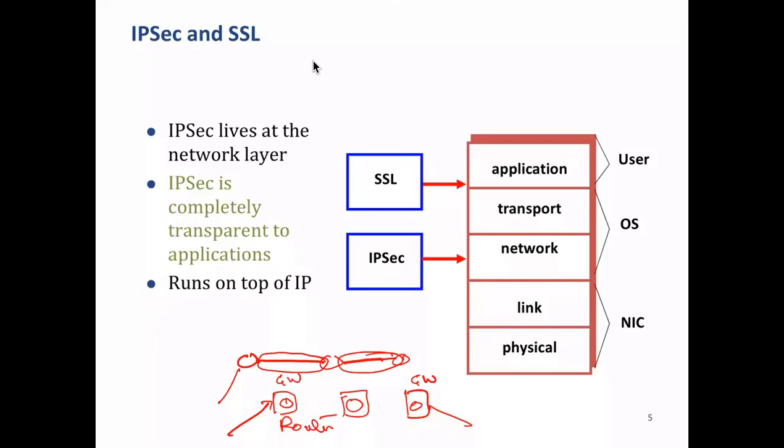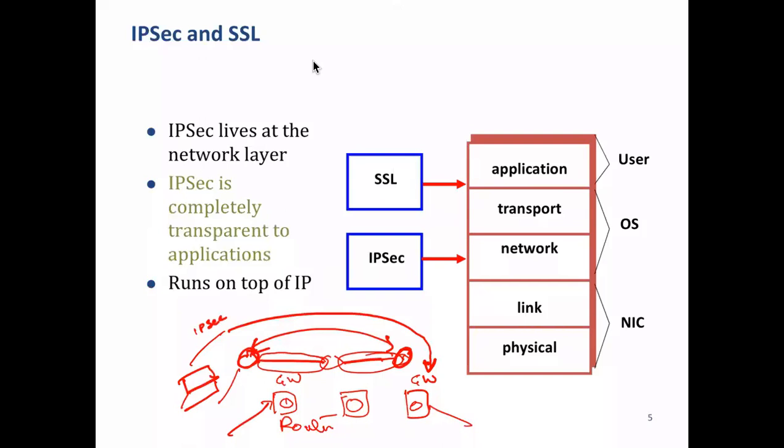All right, so it works at the network layer. It means that between your router and the end router, it's basically end to end, or it can work from your laptop. From your laptop you can create an IPsec tunnel to the gateway, essentially before exiting.